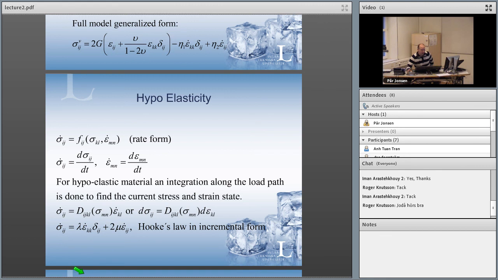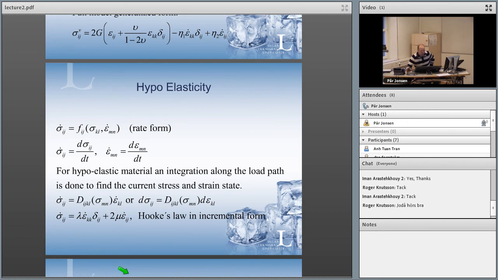This is the trace of your strain tensor. And you also have the Kronecker delta there. And the deviatoric part, shearing part, is connected with 2 times mu and the strain tensor. So this is the volumetric and the deviatoric part of the model, in incremental form.